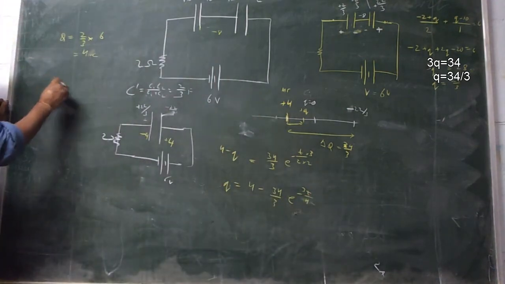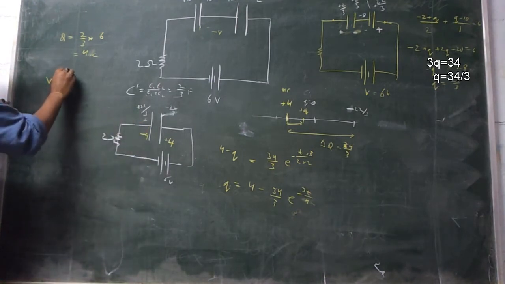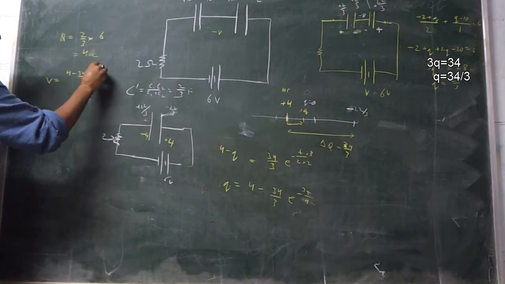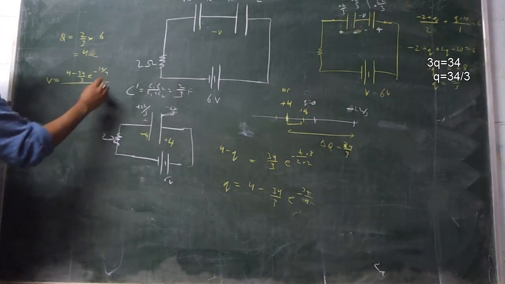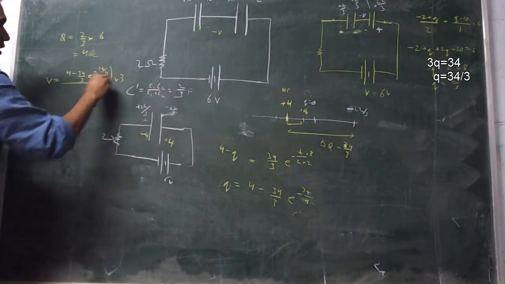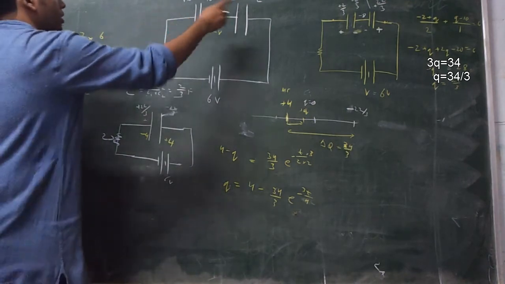Then the voltage difference across this capacitor V is equal to 4 minus 34 by 3 e power minus 3t by 4 divided by Q by C, the capacitance of this, 2 into 3. This is the voltage. This should be the voltage difference across this plus that.